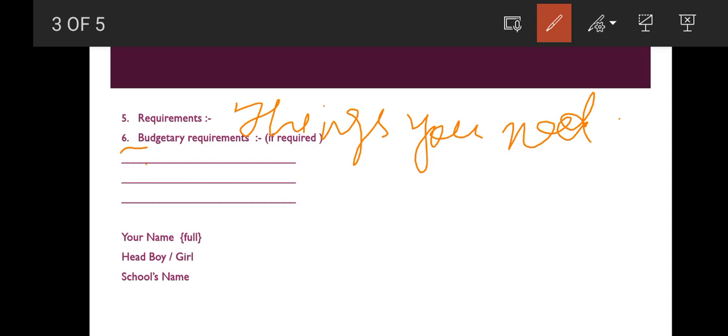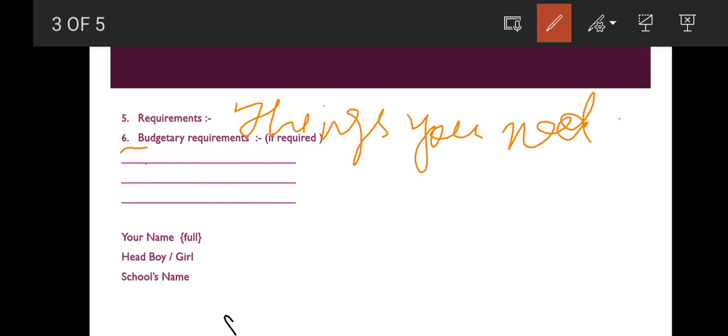If the budgetary requirements are required, it is required. Suppose you are collecting everything from others, from the public. Suppose there is a person who is dealing with cancer and you have to collect money from others. For that you need to write the budgetary requirements, because you are getting all the things from the public.